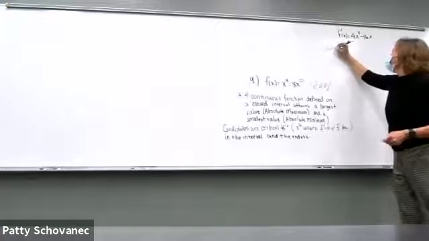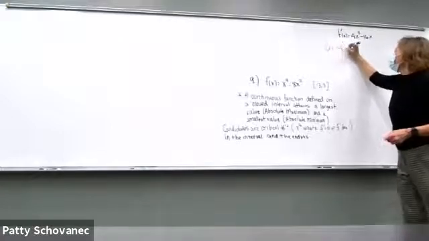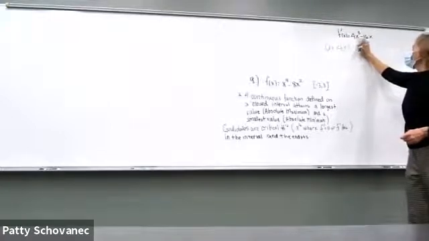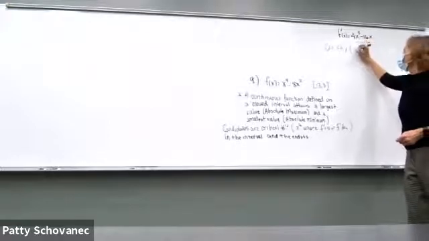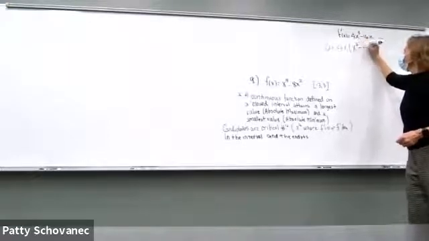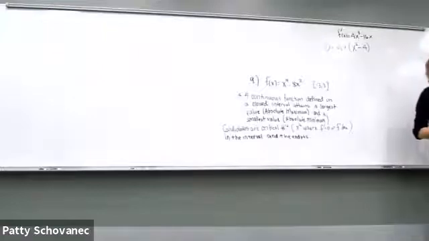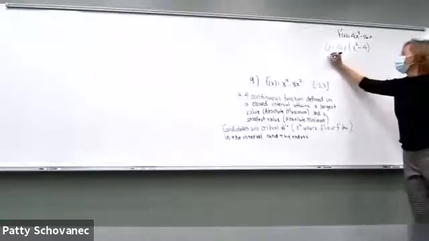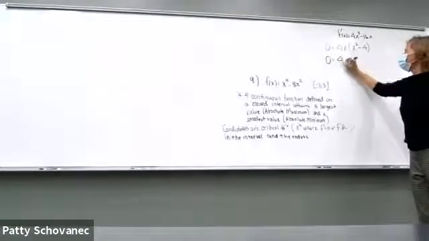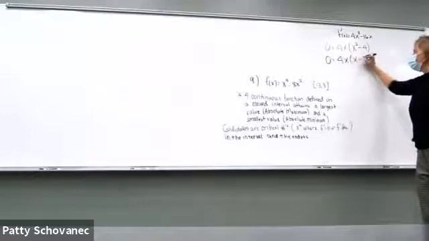I'm going to factor out a 4 and an x. And that leaves me an x squared minus 4. X squared minus 4 factors again, as a difference of squares: x minus 2, x plus 2.